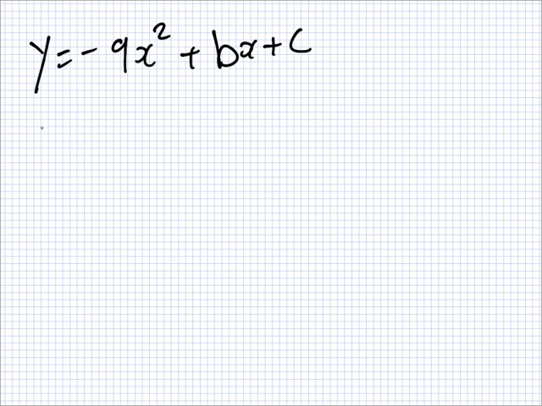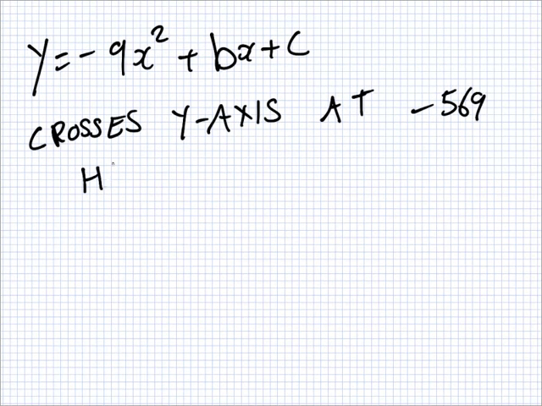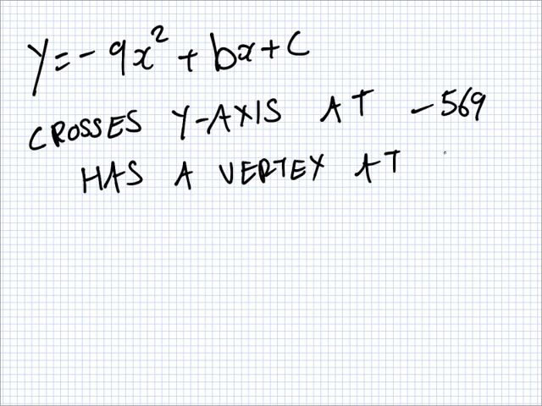And I tell you that this crosses the y-axis at minus 569, and it has a vertex at, I'll just make this a bit clearer, y equals minus 569, and here the vertex is x equals 8. And I don't tell you what the y is, I only give you half of the vertex.